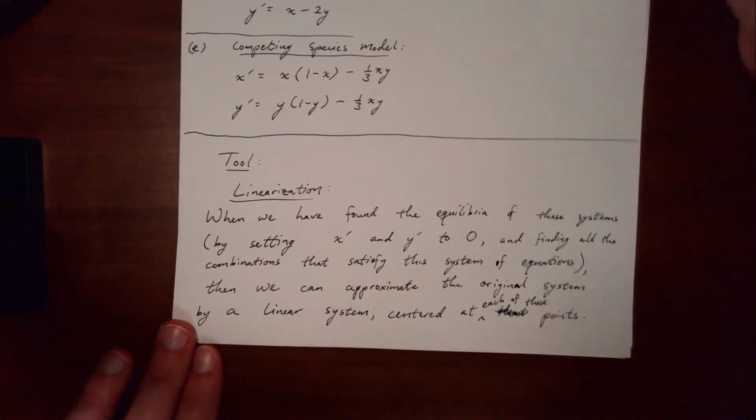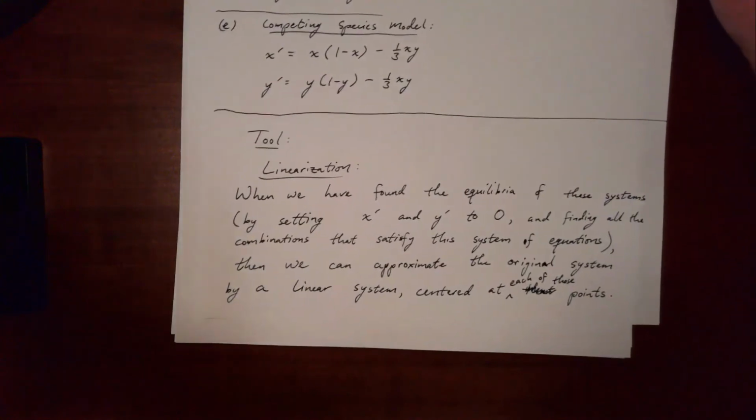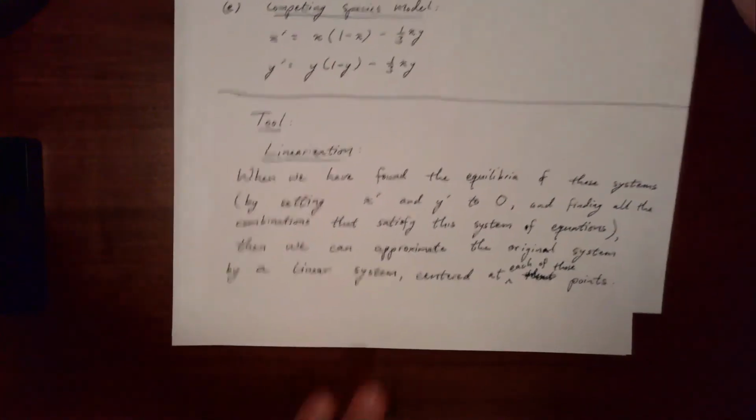And the way this works is through a tool called the Jacobian matrix.